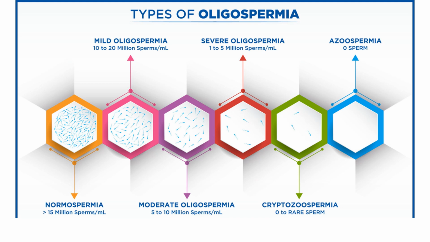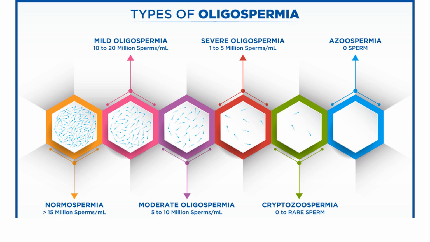Oligo means less, so the amount of sperms will reduce. In moderate oligospermia, 5 to 10 million sperms are there per ml. In severe oligospermia, only 1 to 5 million sperms per ml are present.